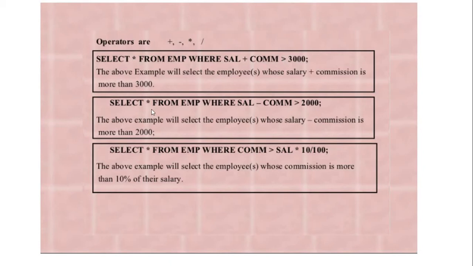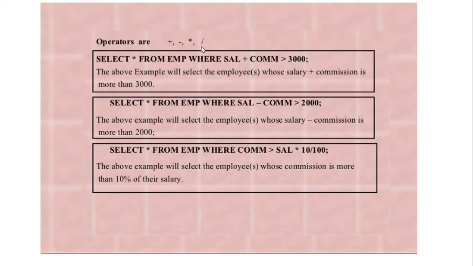Similarly, suppose you want to apply a minus operator, then you can put a minus symbol in between the two columns again. If you want to apply multiplication, you can use the star operator.